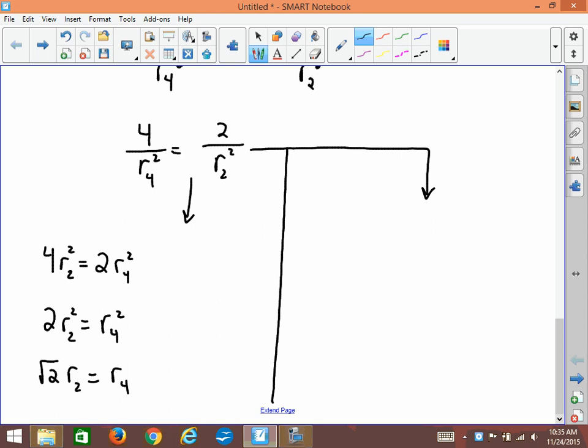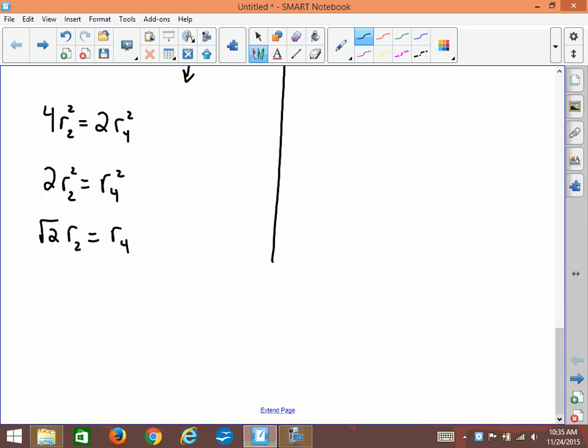Okay, let's move down a bit. What are we going to do with that? Well, there's not much we can do at this point. We have 2 different variables. But if we go back to our original picture, you will recall that the total distance between these two was 0.5.